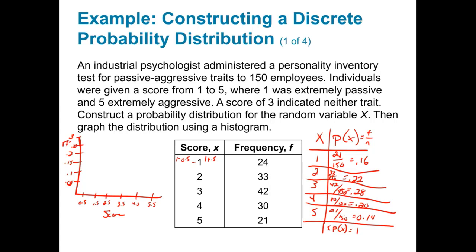And so I've got my relative frequencies along here. I've got my scores down here. So the score of 1, which is our class from 0.5 to 1.5, has a relative frequency or probability of 0.16. And then we've got 0.22, 0.28, 0.20, and 0.14.